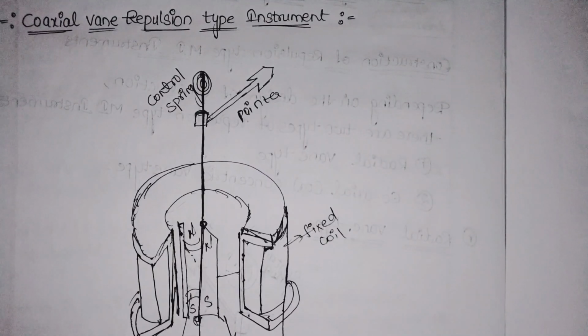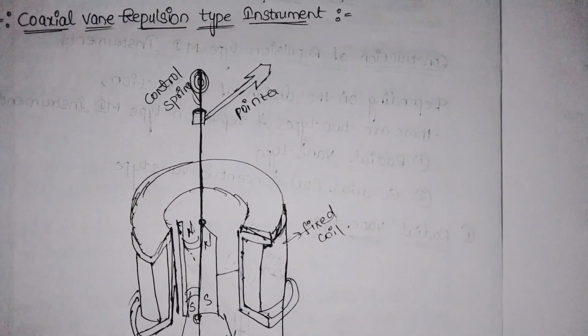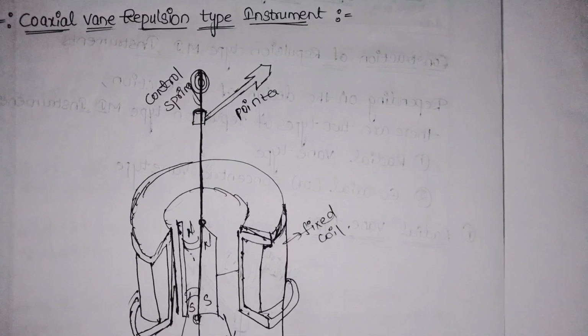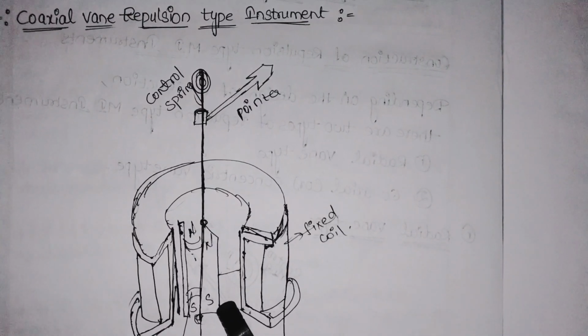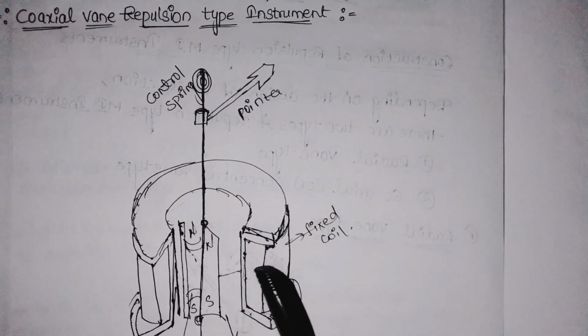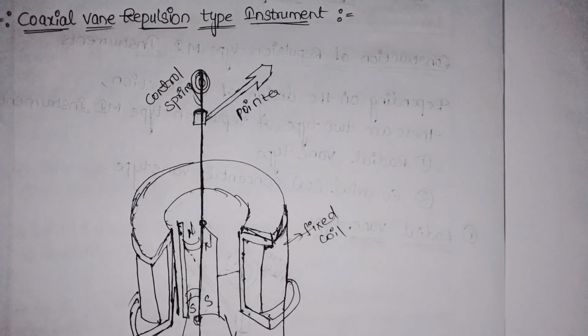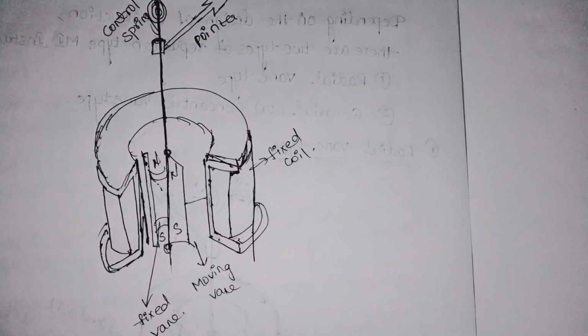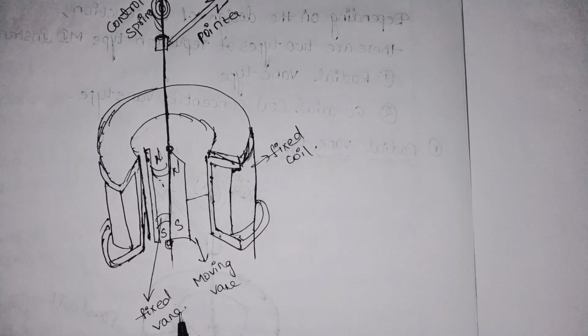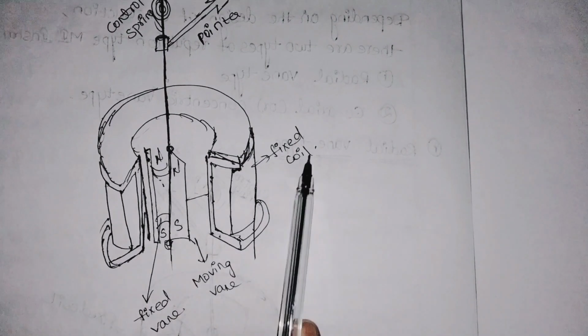Now we are going to discuss the coaxial vane repulsion type instrument. In coaxial vane type instruments, the vanes are sections of coaxial cylinders. In this type of instrument, two vanes are coaxially placed in the fixed coil.